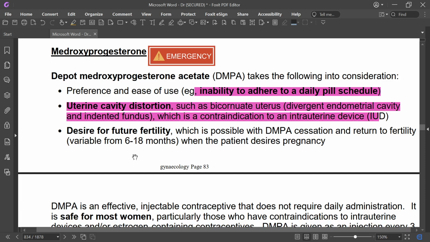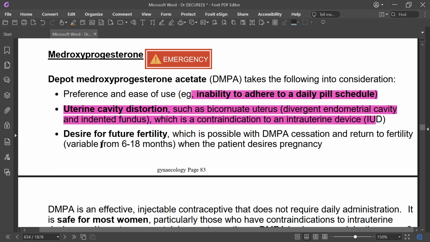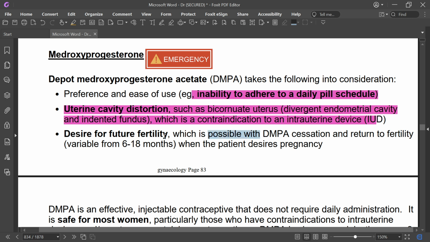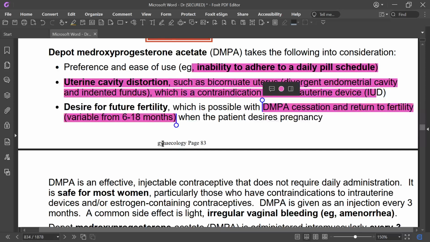That time is crucial. When you stop these anti-fertility drugs, it actually takes 6 to 18 months to regain fertility.